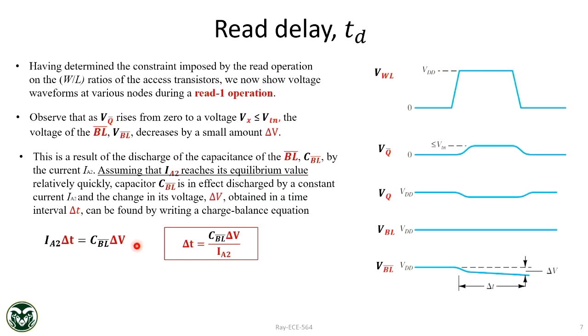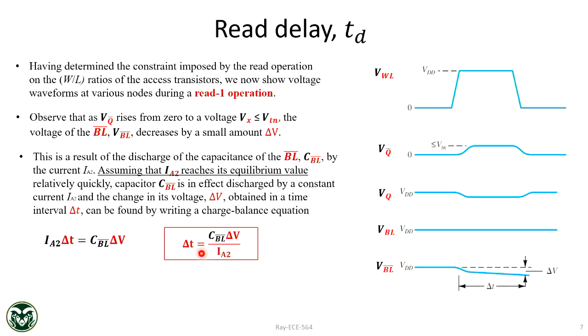If I have a change in voltage, there has to be a change in charge. This is your change in voltage, this is your change in charge. So that's the charge the bit line will be losing, and that's how the sense amplifier will sense. So this is your time, latency, how long you have to wait to have your readout value.